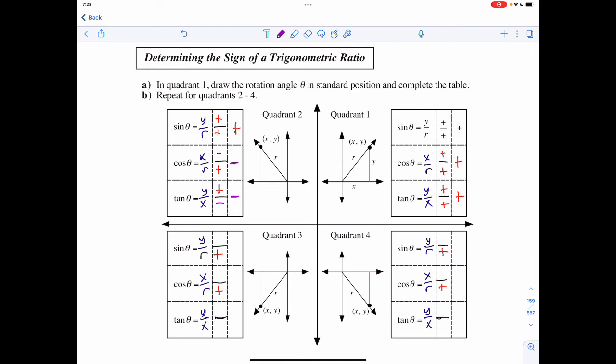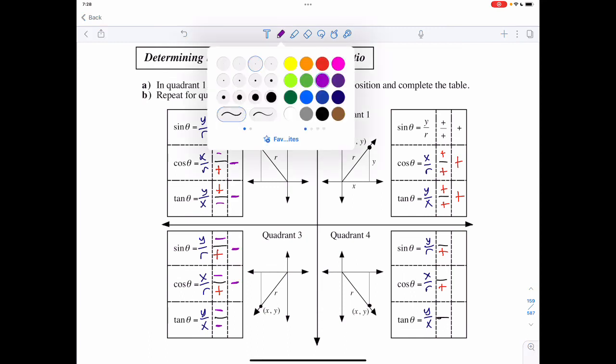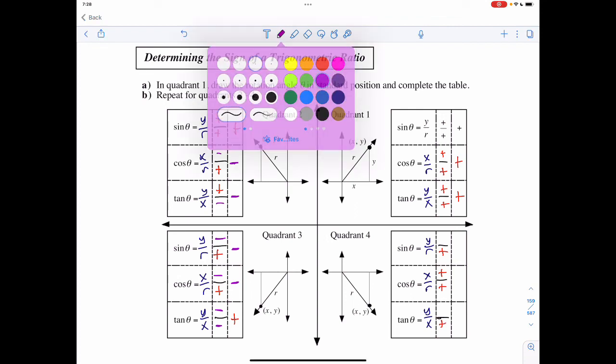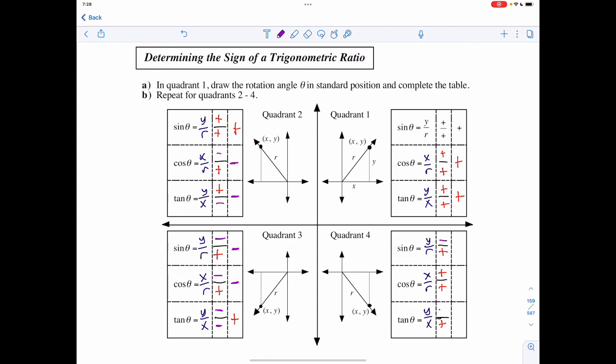When I go to quadrant 3, both my x and my y are negative. And we can see that for sine and cos, a negative divided by a positive is going to give me a negative. But for tan, a negative divided by a negative is going to make it positive again. And when I get into quadrant 4, my x's are positive, but my y values are negative.